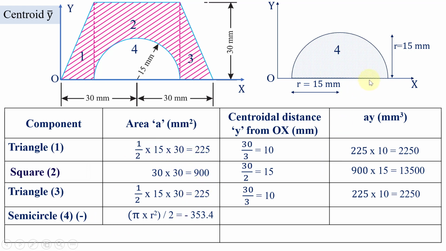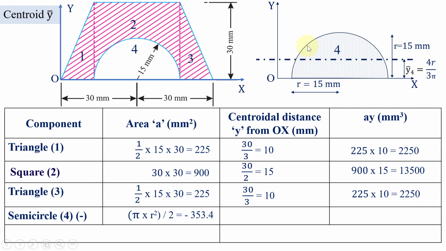Fine. And then how to find out the centroid from this OX axis? So this is the centroidal axis. So this value is calculated by using the formula 4r divided by 3 pi. So here also we have to be very careful about that. So this centroidal distance represents the distance of centroid from the base of the semicircle.